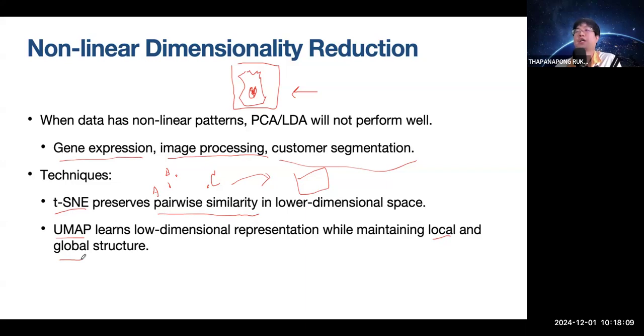If the data is already clustered in high dimension, you want to preserve that cluster. You don't want the cluster to be separated from itself, so you map the same cluster onto the lower space. And for the global structure, when you have many clusters, you want to make sure that each cluster is still separable when mapped into a lower dimension.